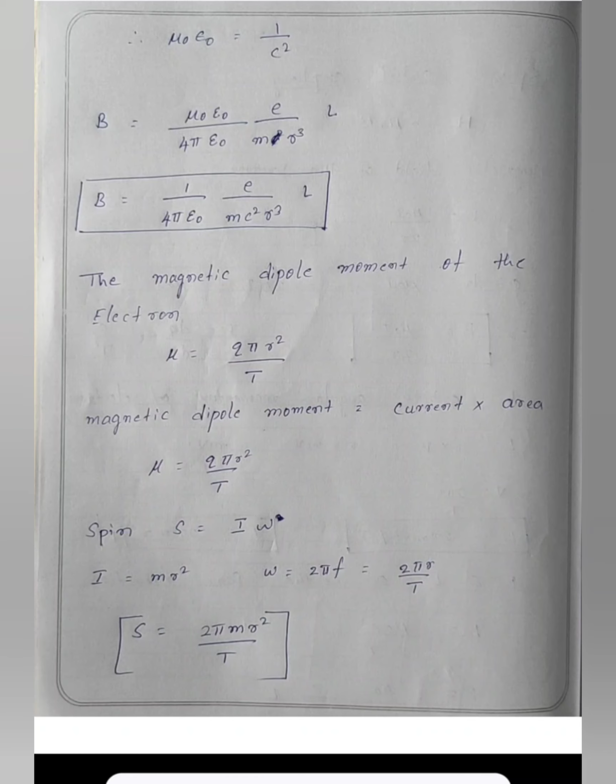The magnetic field is the same for both proton and electron. So that's why you can use this as the magnetic field due to the orbital motion of the electron.